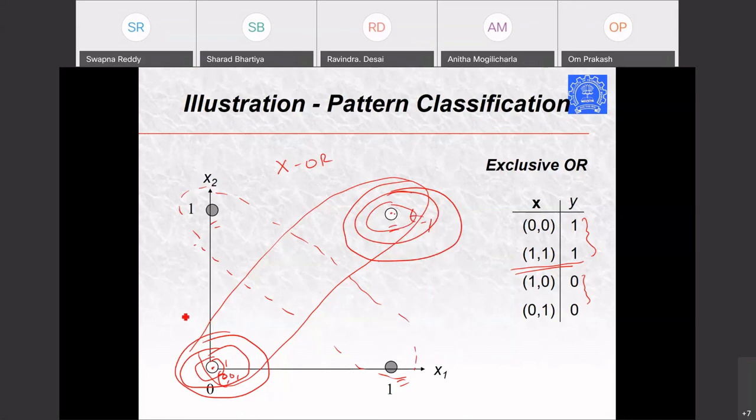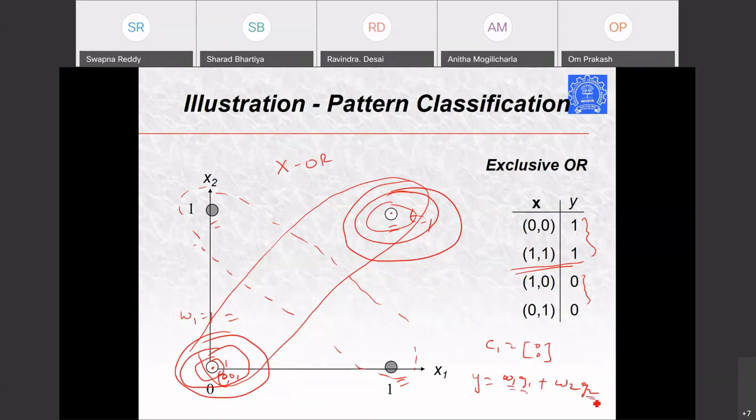This node will not fire, and you will get an output. If I choose my W1 to be 1, I will get an output of 1, because Y is equal to W1 G1 plus W2 G2. Because my G1 is now centered at 0 0, I have chosen C1 to be 0 0, so when I give 0 0, it will fire, and I can choose this W1 to be 1.